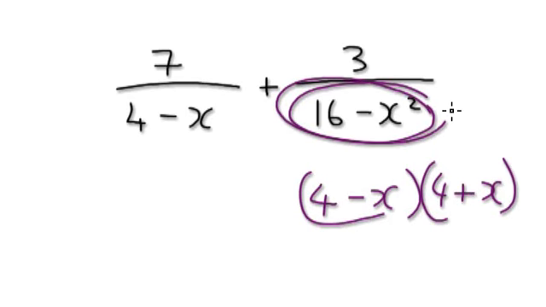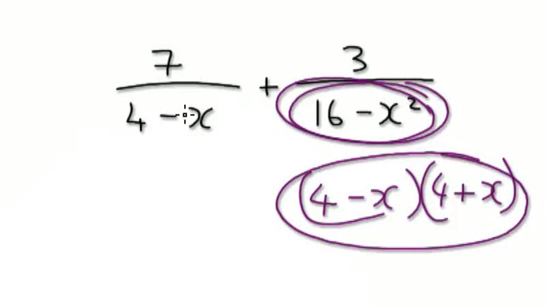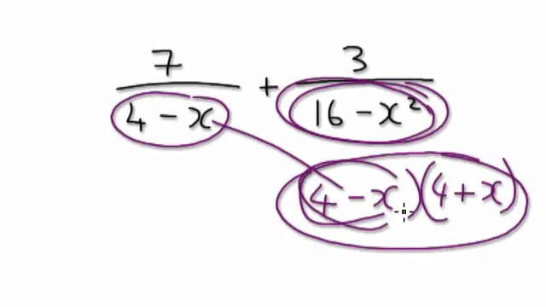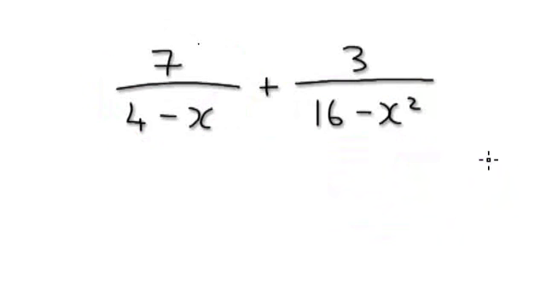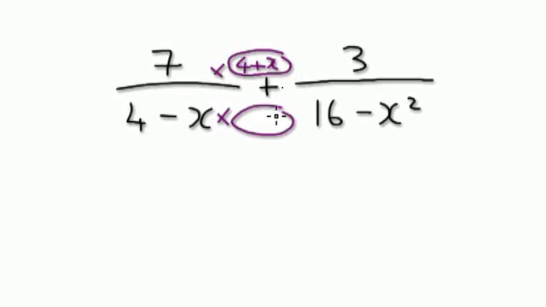You see, this thing here is exactly the same as this thing down here. So if you look at this here, this is exactly the same as this bubble here. So all you need to do is times top and bottom of this fraction here by 4 plus x. Okay, so here just times top and bottom here by 4 plus x, and then here 4 plus x.